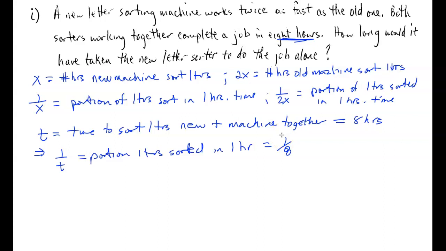However, notice that we know the total time that it takes to do these things together. And so because of that, what we need to do is add that factor into what we're doing.